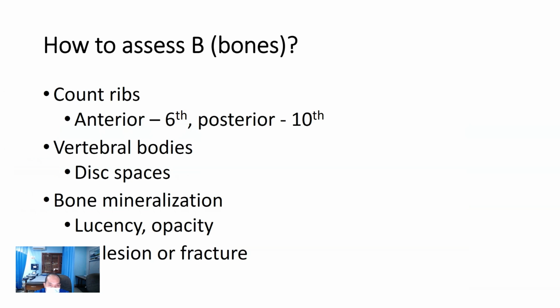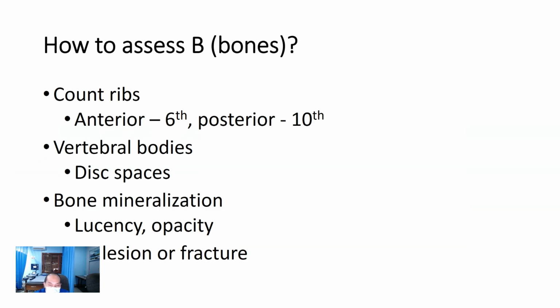B, we have to assess the bone. First of all, we have to count the ribs. Anteriorly, the tip of the 6th anterior rib should be at the mid hemithorax.